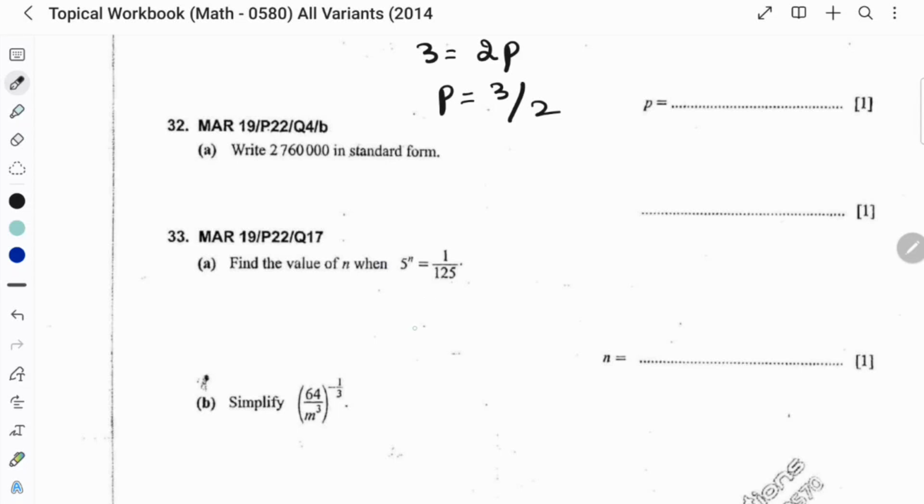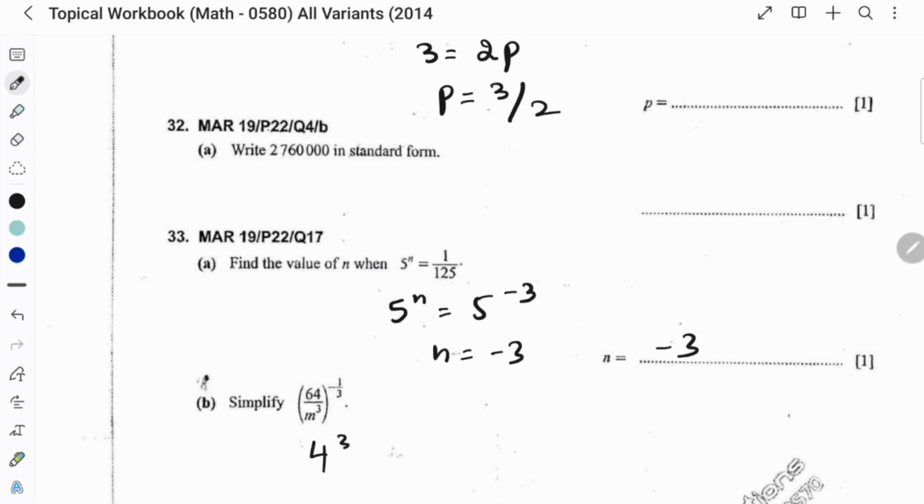Now look at this question. 5 to the power n is equal to 1 upon 125. 5 to the power n is 5 to the power minus 3. So n will be equal to minus 3 here. 64 to the power minus 1 over 3, that is 4 cube.